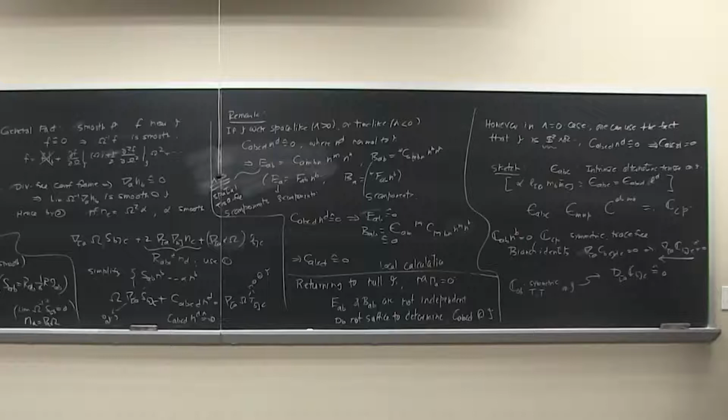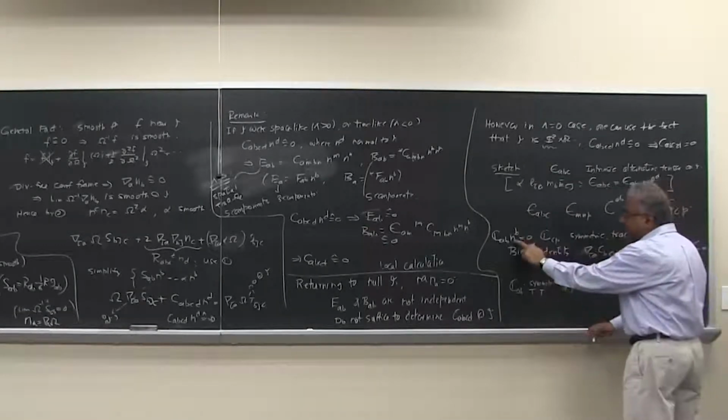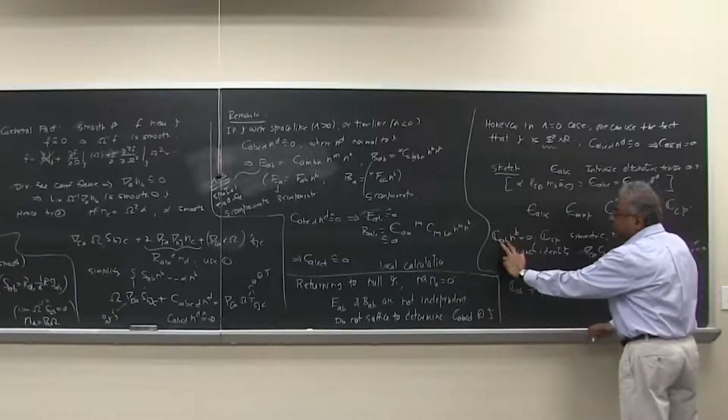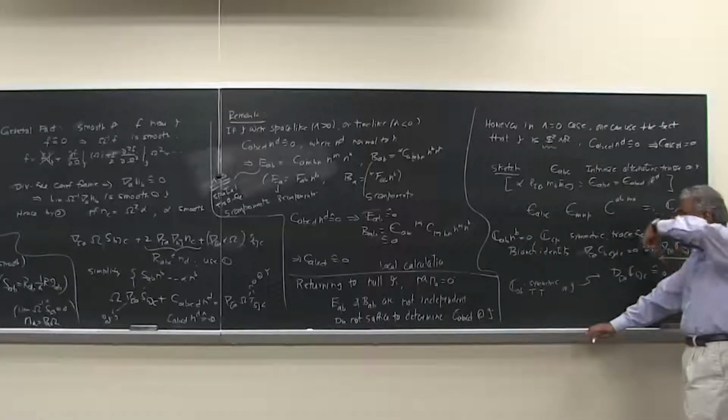This is a theorem about two spheres that, in fact, if you have such a tensor field, then on the two sphere, the fact that this is transverse to N just means that both these indices are tangential to the two sphere.